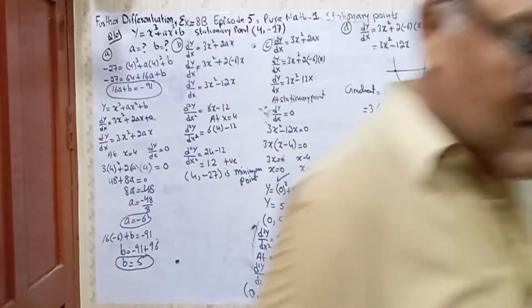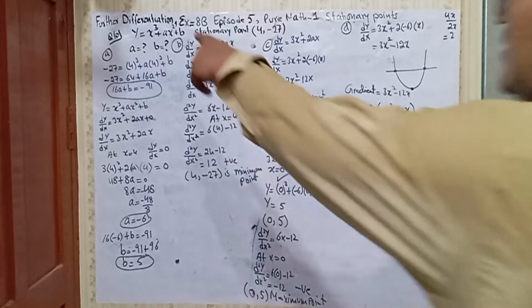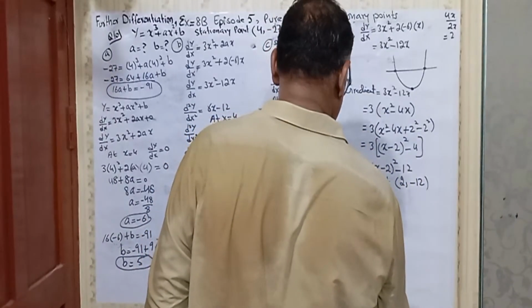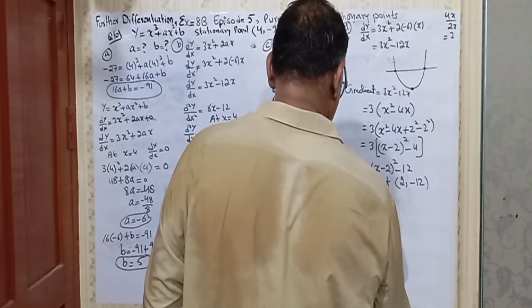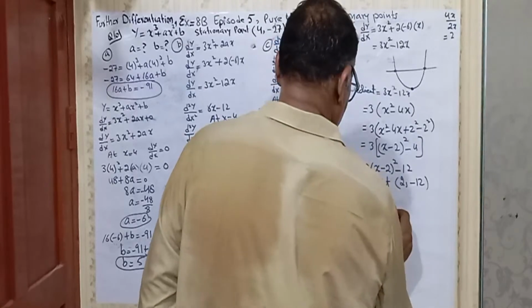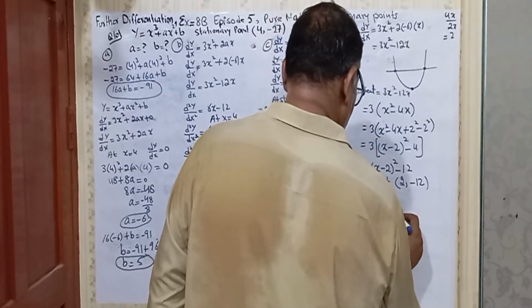Let me check, sir. Question number 2. Okay, so I will put this in the original equation. y will be equal to x cubed, that is 2 cubed, plus a, which is minus 6, times 2 squared, plus b, which is plus 5.